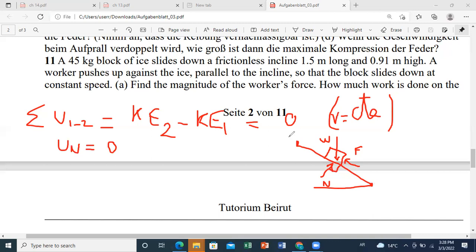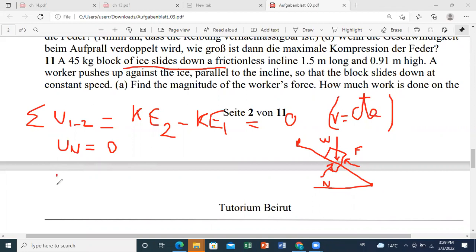So if the box starts motion from here and goes to this level, and we want to find the total work of weight, then since the block is sliding down, the total work of weight will be positive.